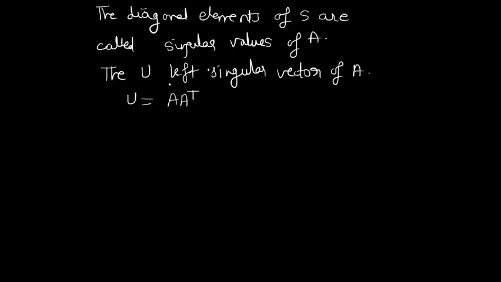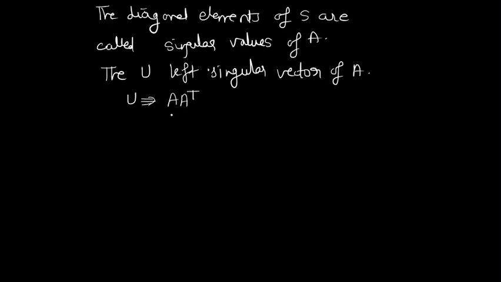So first we obtain the eigenvalues of A into A transpose, then corresponding to that we find the eigenvectors, and then they are normalized. So the column vectors of U are nothing but the eigenvectors of the m by m symmetric matrix A into A transpose.